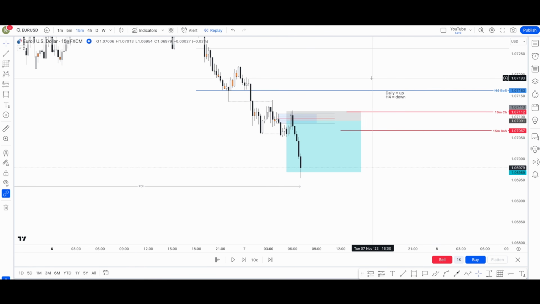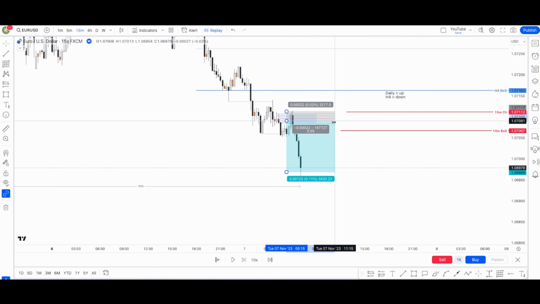Something which I don't know if I was doing in the last videos is that I now give it a 0.5 pip buffer space, because on things like FTMO and My Forex Funds, their spreads are usually between 0.3 and 0.5. So you just want to account for those. Otherwise, you're going to be battered out of the market a lot.